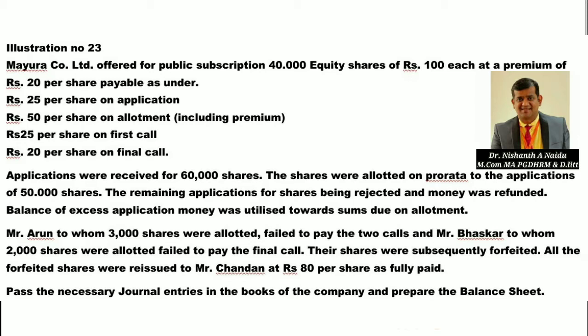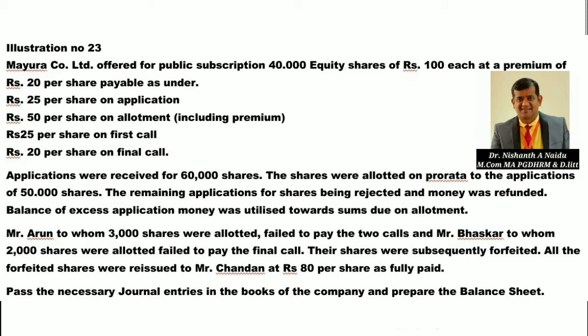Next, applications were received for 60,000 shares. Company offered 40,000, public subscribed 60,000. So that means an oversubscription problem with premium. The shares were allotted pro rata to the applicants of 50,000 shares.